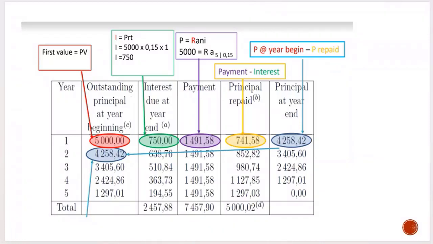Your principal amount is 5,000, your interest rate is 15, and then the number of payments: you've got 5 payments, 1 per year, and the frequency is annually. I just want to see how much it's giving us.